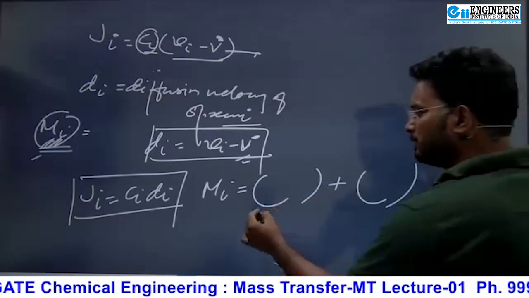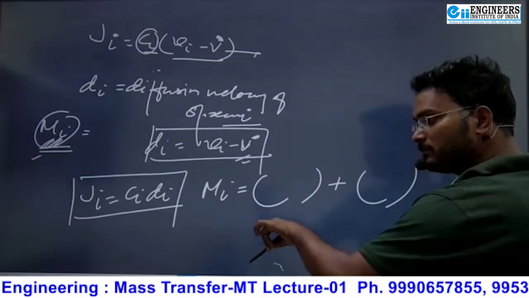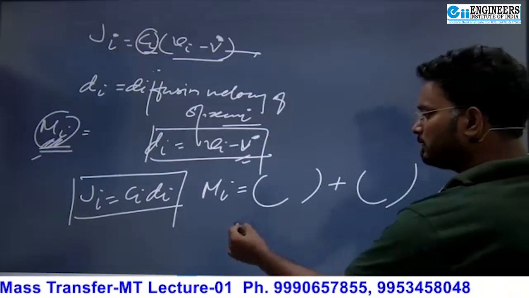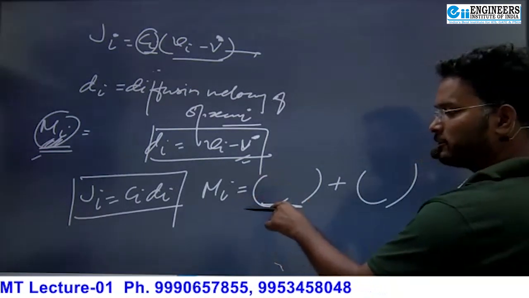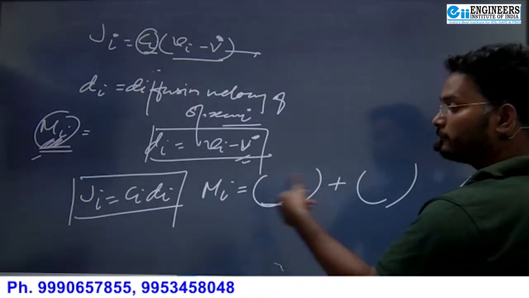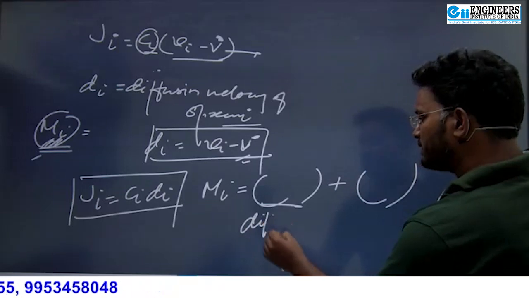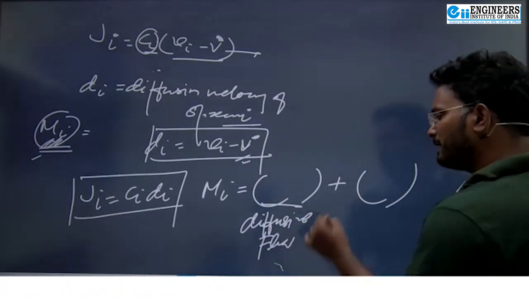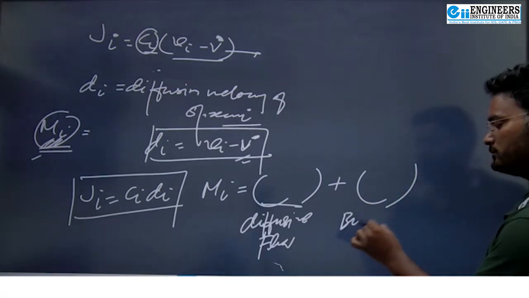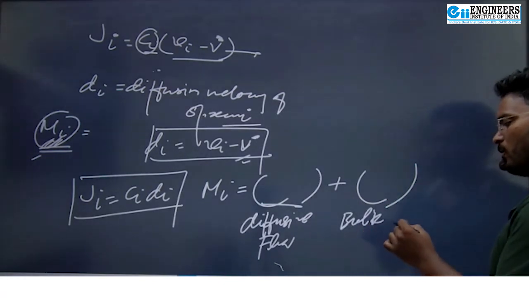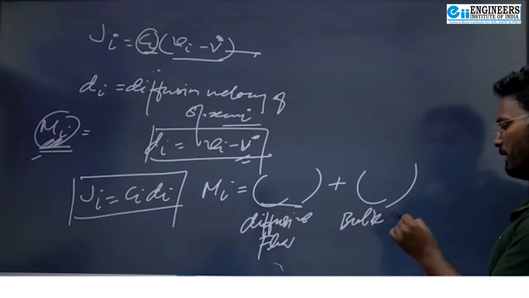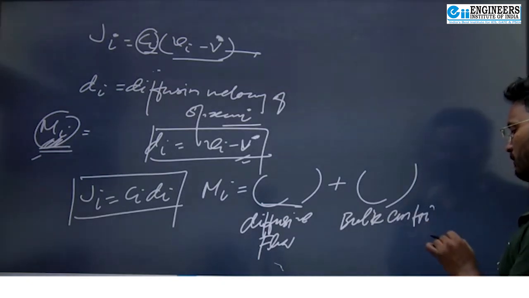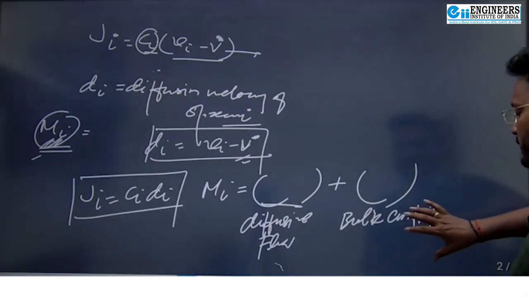One is due to molecular diffusion, clear? Any flux due to molecular diffusion is called diffusive flux. This is the summation of diffusive flux. And the second is due to bulk flow, the bulk contribution flux.